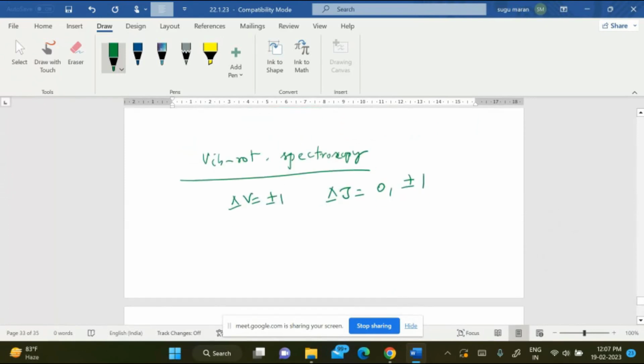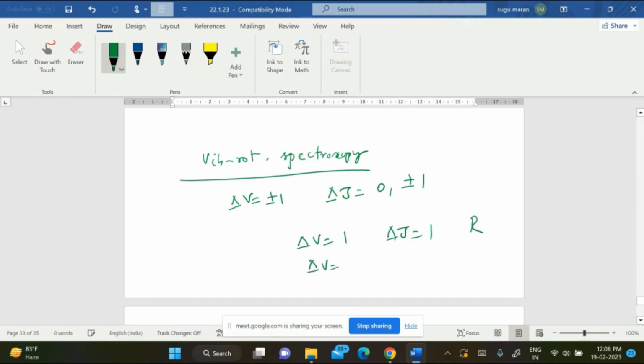By the selection rule, delta V equal to 1 and delta J equal to 1 gives the R branch.